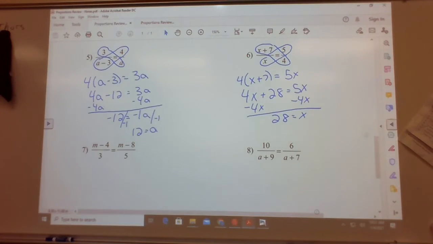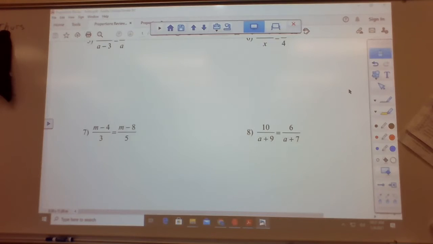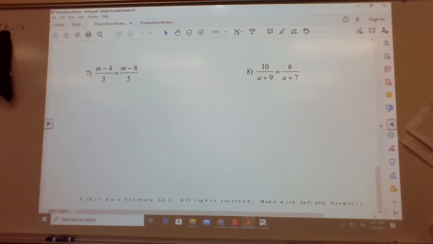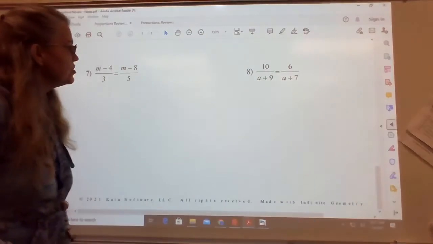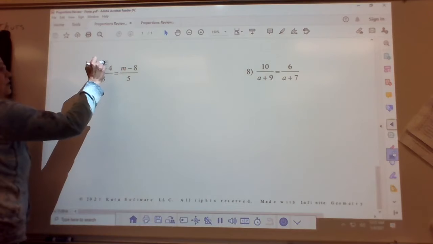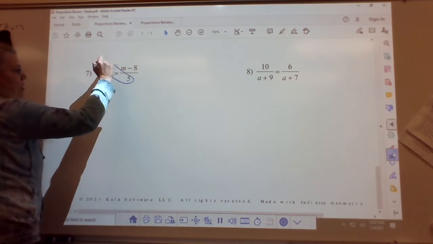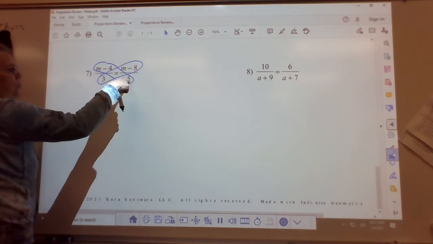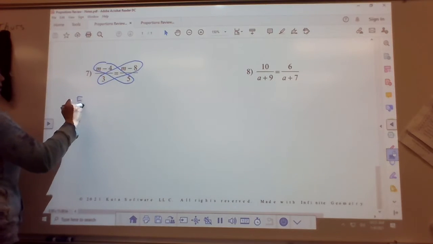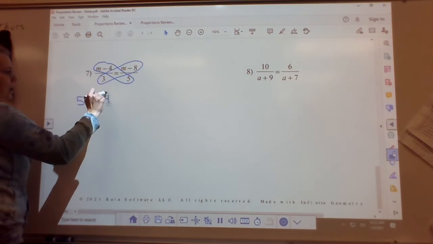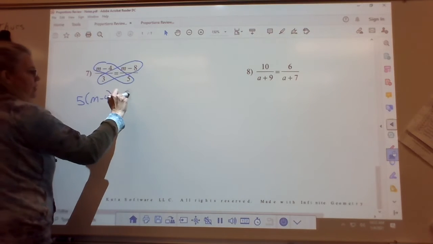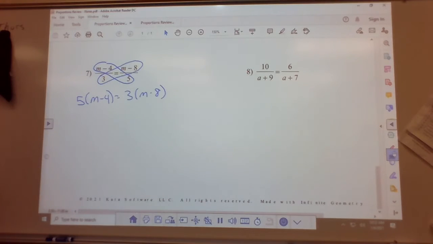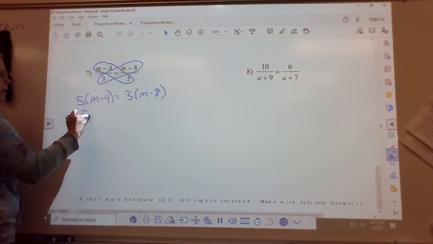Now the last two are the trickiest. So let's take a look at the last two. I've got to distribute twice because we're going to multiply this way, multiply this way. Again, it doesn't matter which direction you're going. So 5 times all of this, 3 times all of this. Don't forget those parentheses. Multiply out the 5.